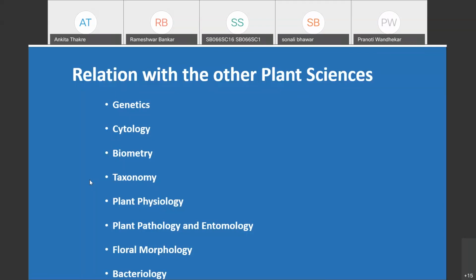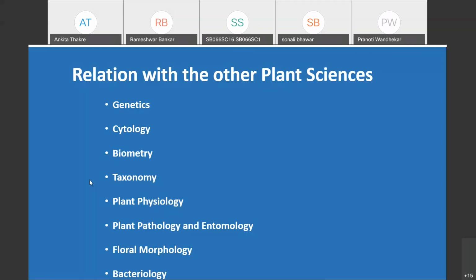These nitrogen fixing bacteria play an important role in the growth and development of the plant. That's why the knowledge of these different types of bacteria is helpful in plant breeding.